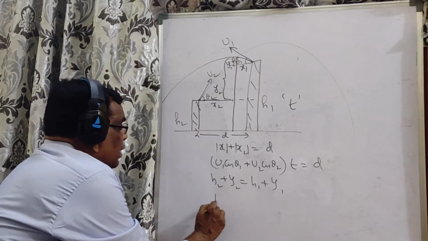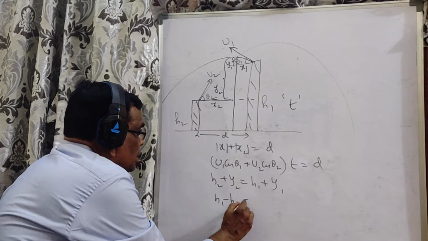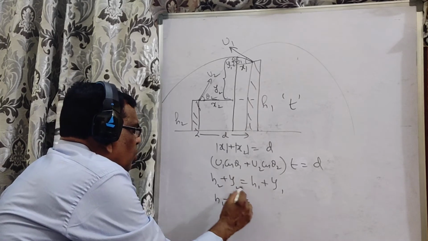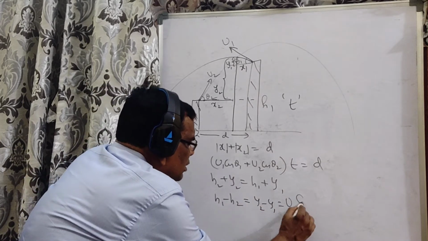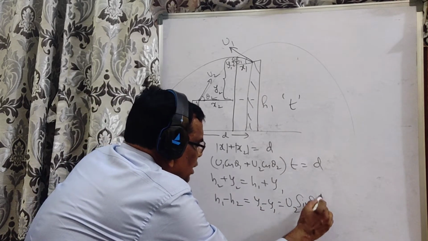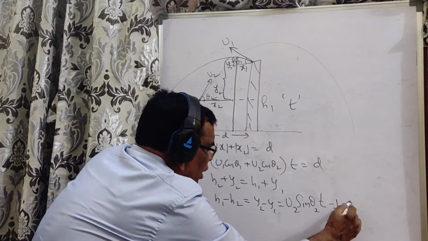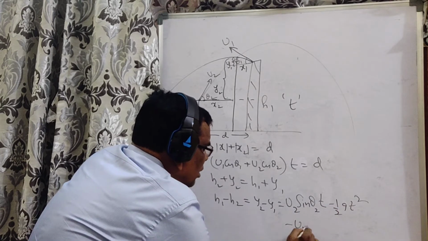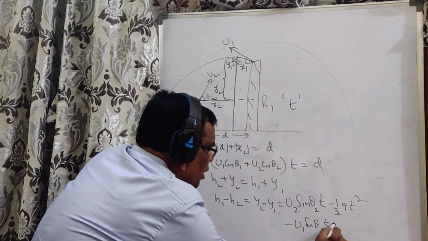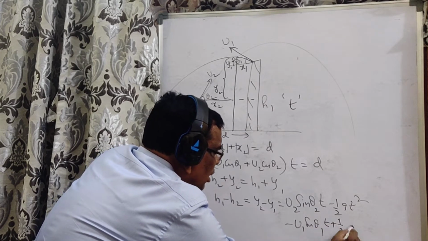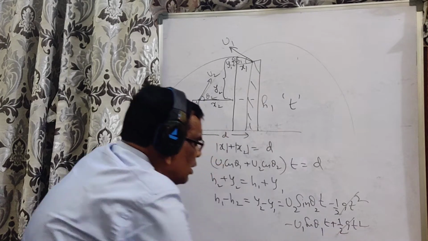Or I can write h1 minus h2 is equal to y2 minus y1. But y2 is u2 sin theta 2 t minus half g t square, minus u1 sin theta 1 t plus half g t square.